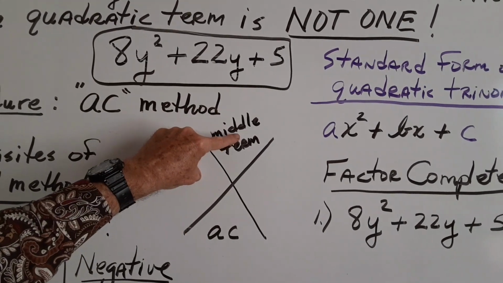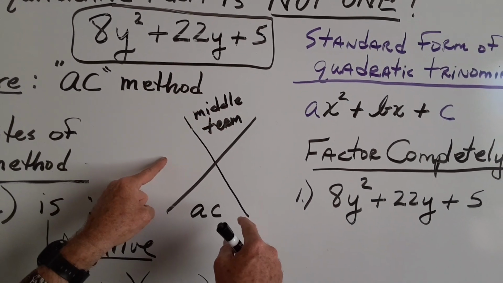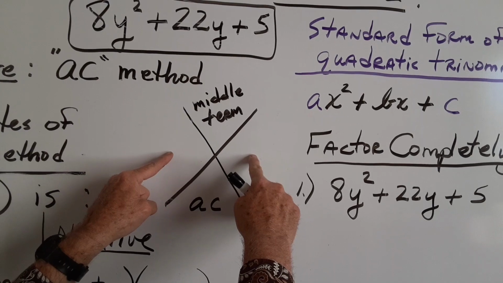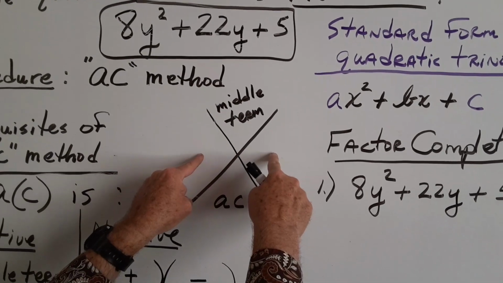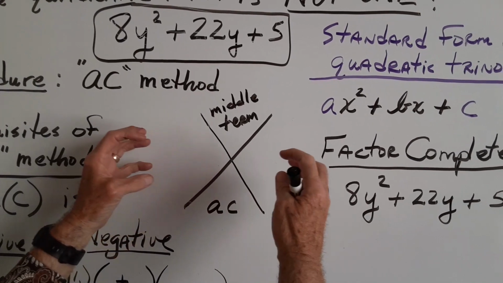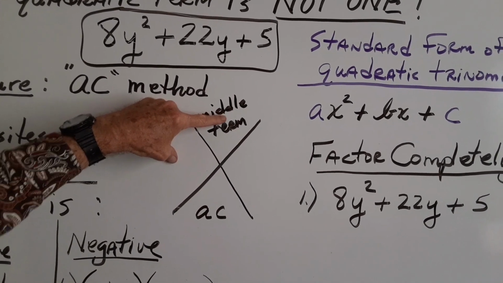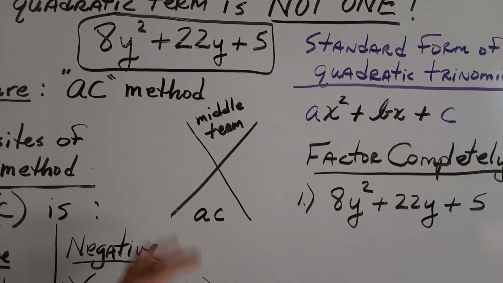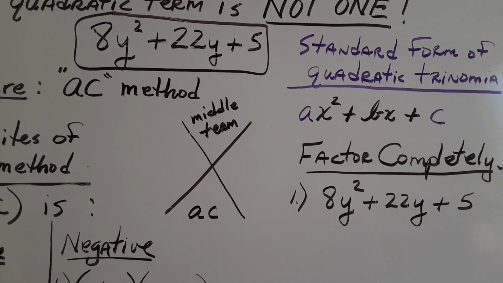The middle term of 22y will be written here. The 9 o'clock and the 3 o'clock region are reserved for the two brand new terms that when added together will give us this middle term. It's a little device that I think will be nice to make use of.